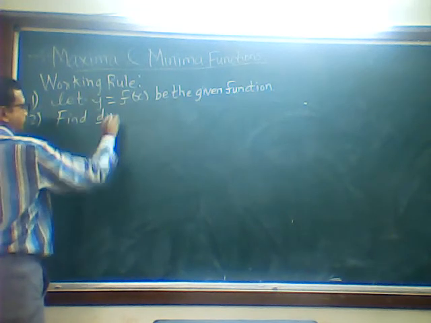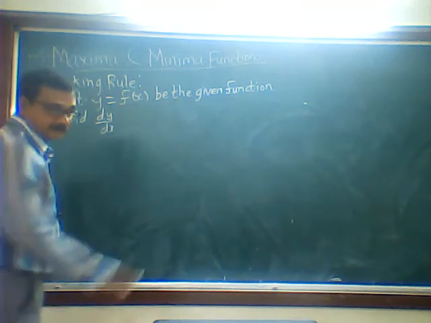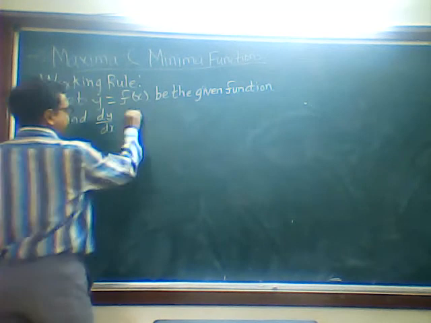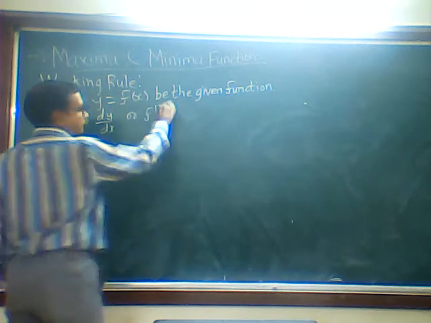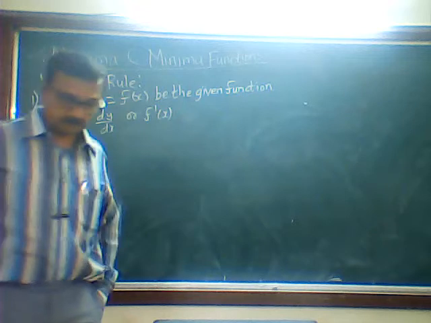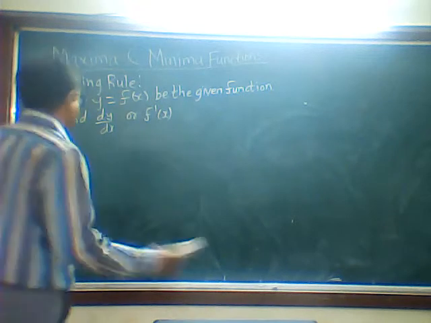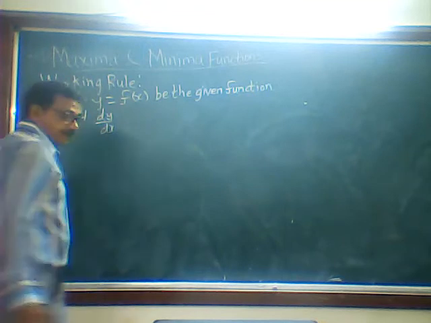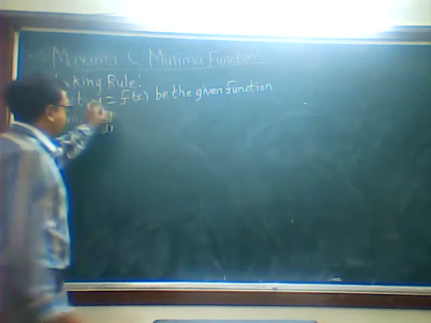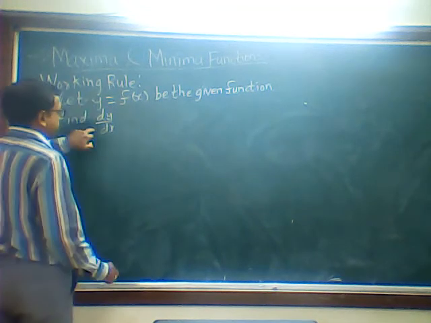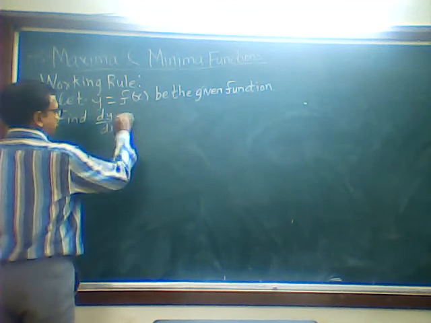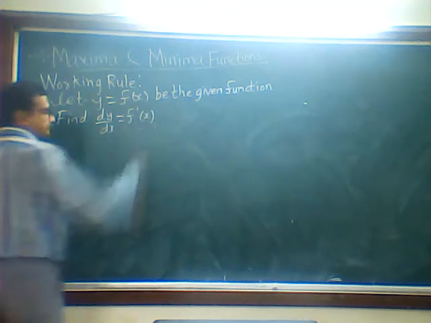Means we are going to differentiate. Find dy by dx, or we say f dash of x. Both are same. We will apply d by dx on both the sides. That is dy by dx is equal to f dash of x.